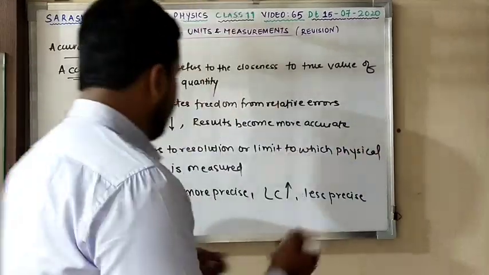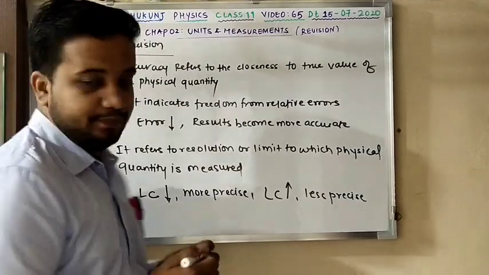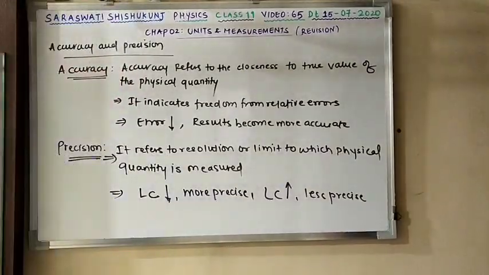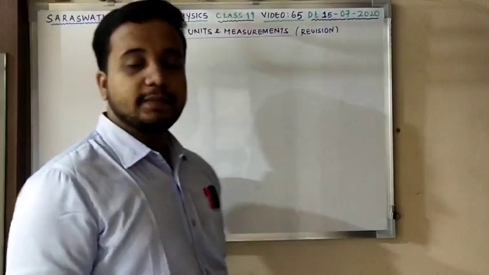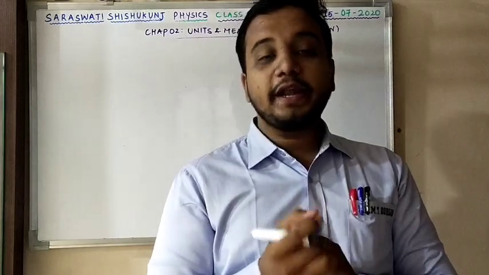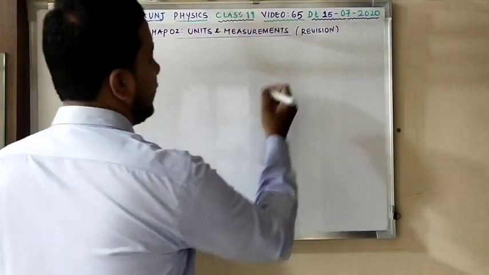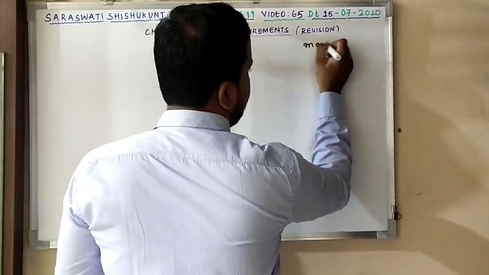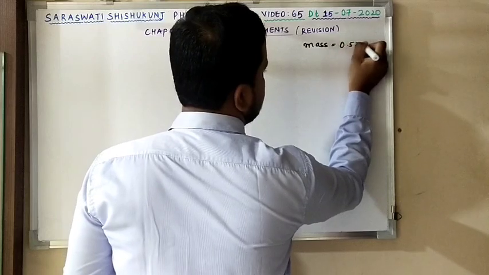Okay. Now I will give you one example. Suppose three students are asked to find the mass of a metal piece, where the mass of the metal piece is already known to us, that is 0.520 grams.